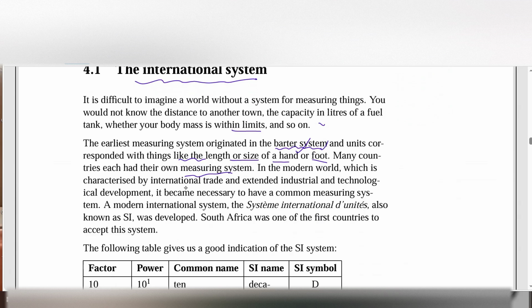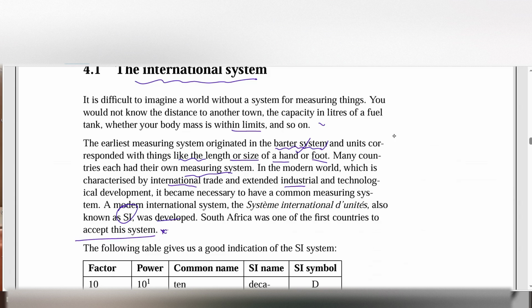So in the modern world, which is characterized by international trade and extended industrial and technological development, it was vital for us to have something that is common. And that common thing is what we are calling the international system, the units, also known as the SI. This was developed, and South Africa was one of the first countries to accept this system.